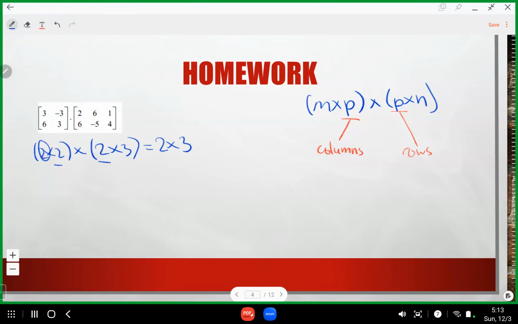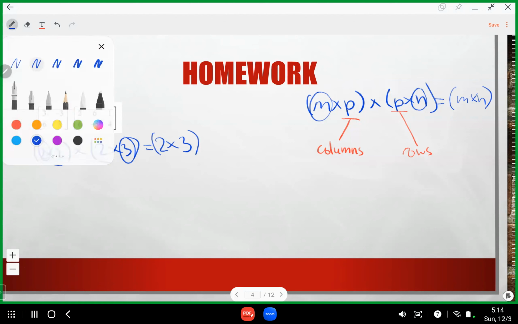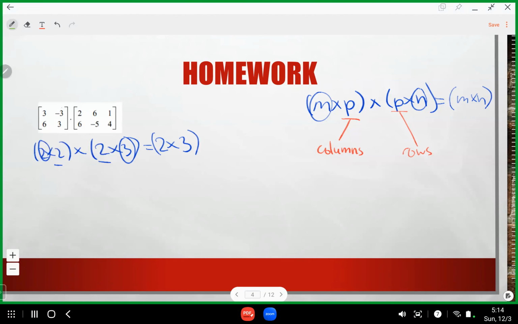As you can see, an M by N matrix would be the resultant matrix, and here we have a 2 by 3 resultant matrix. So let's see here, we have 3 and -3, and that's going to correspond to 2 and -6. All right, and that's the first element.